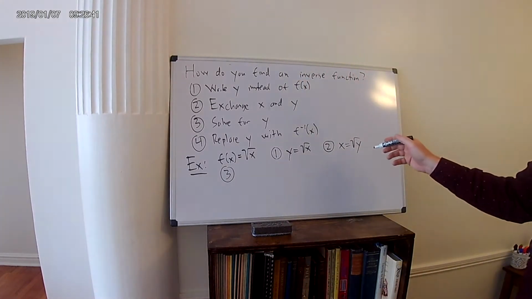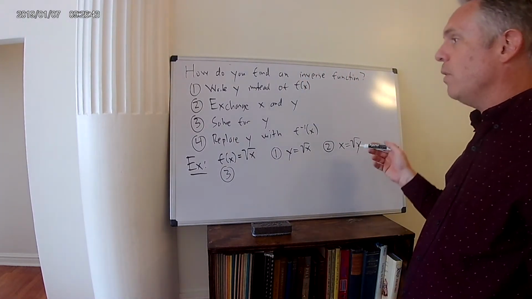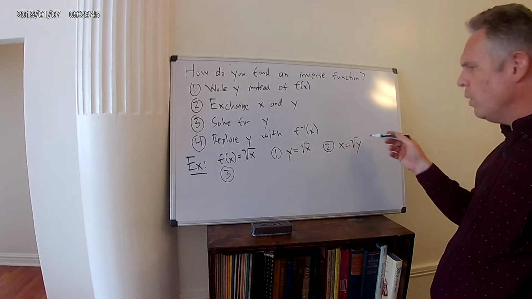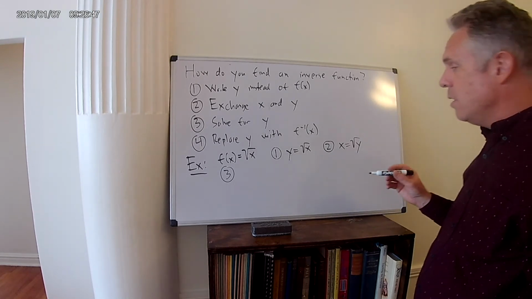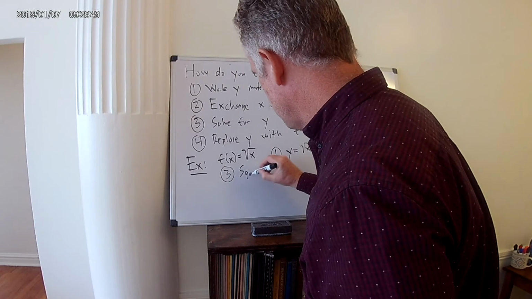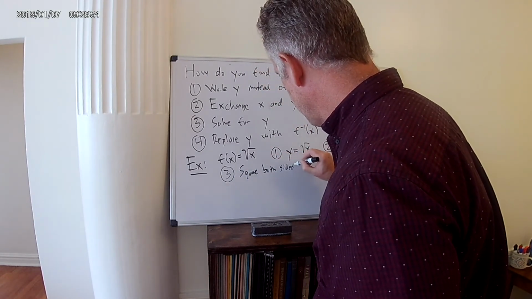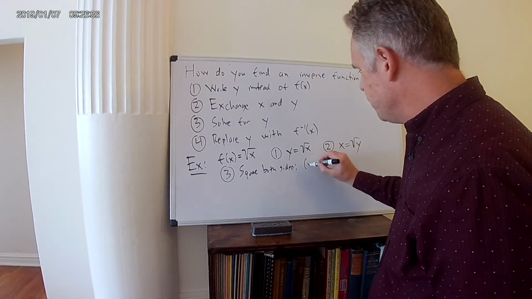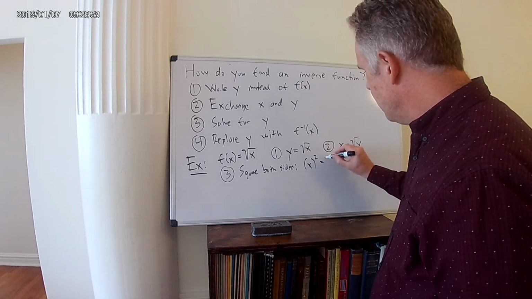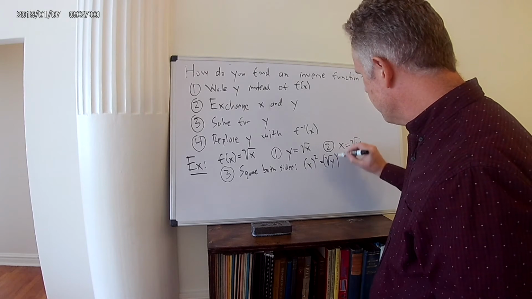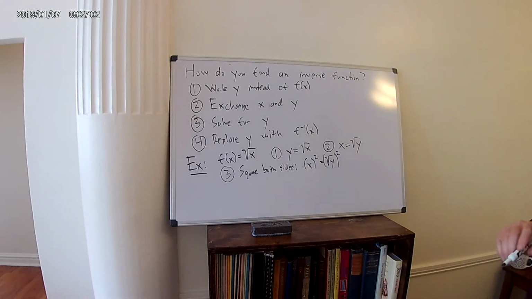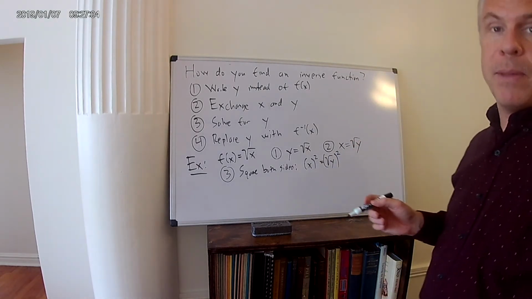Now, if this was my equation I wanted to solve for y, how would I solve for y? What I would do is square both sides. If I did that, I get x squared equals square root of y squared. What happens when I square the square root of something? I just get back the thing itself.